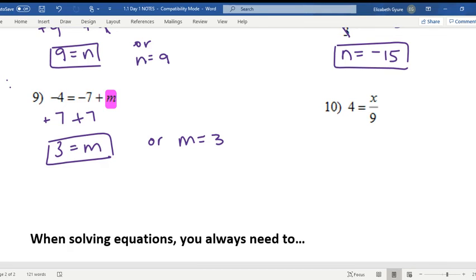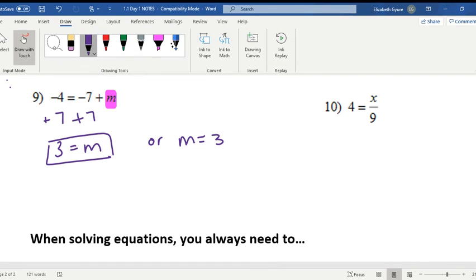And then last one, guys. We have 4 equals x over 9. Remind me, what's that weird little fraction bar actually mean? Division, right? What's the opposite of dividing? Multiplying. What do we want to multiply both sides by? 9.